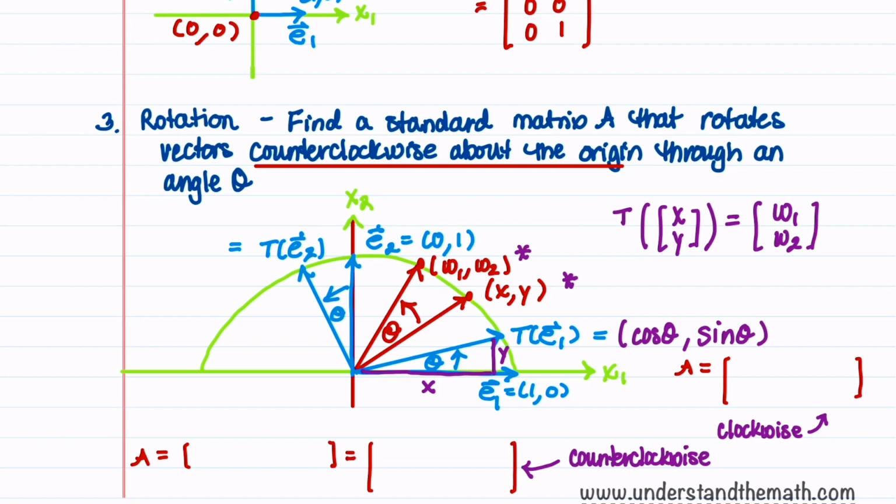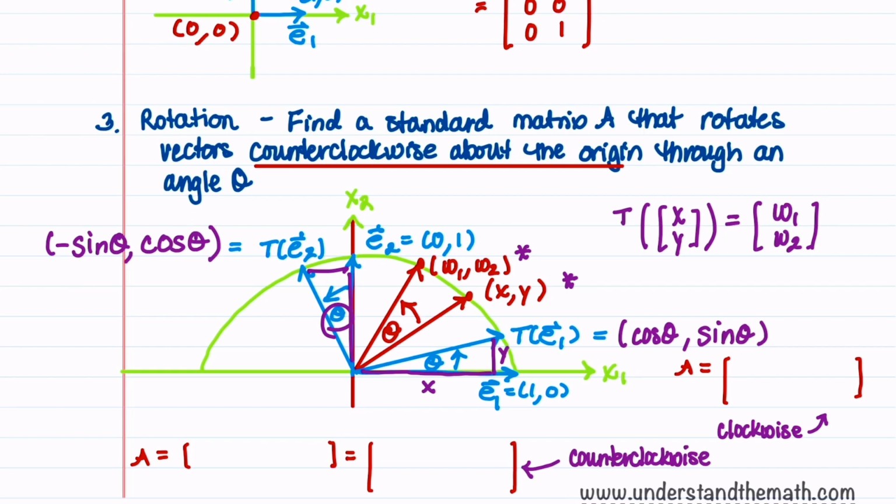Then we go up and we look at E2. E2 is going to transform to T of E2. And if we look at that, the x component is going to be minus sine theta. And notice that's our theta. And then the y component is going to be cosine theta.